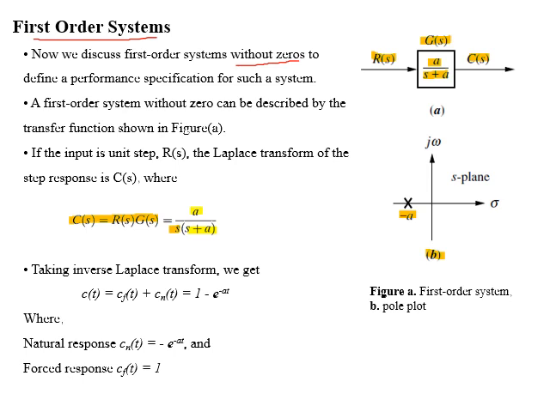Now using partial fraction, we will find output transform equation, and then we will take inverse Laplace transform to get C of t, where C of t equals 1 minus e power minus at, or sum of forced response plus natural response. Here natural response is equal to minus e power minus at, or the response due to the pole of the system, whereas forced response is equal to 1.